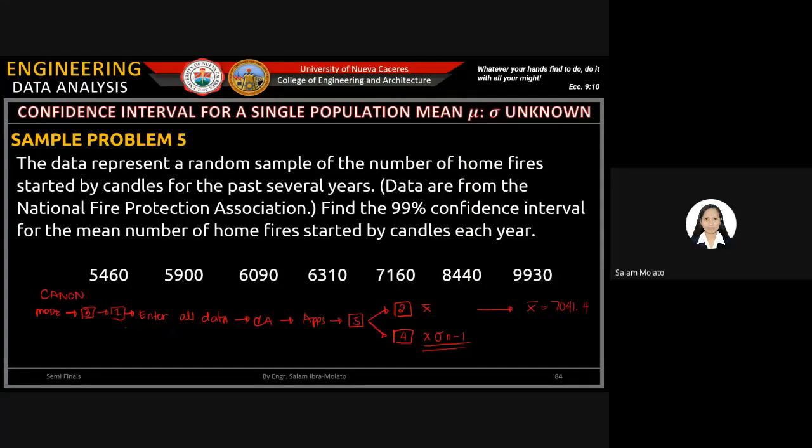Our bar X will give you 7041.4, while our S will give you 1610.3.